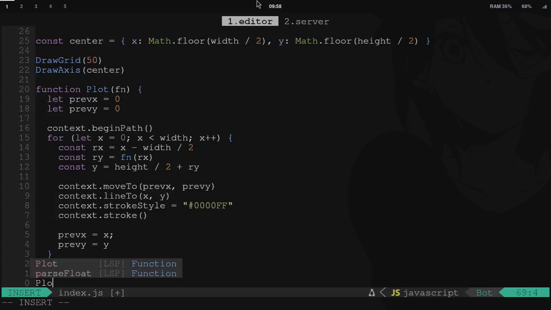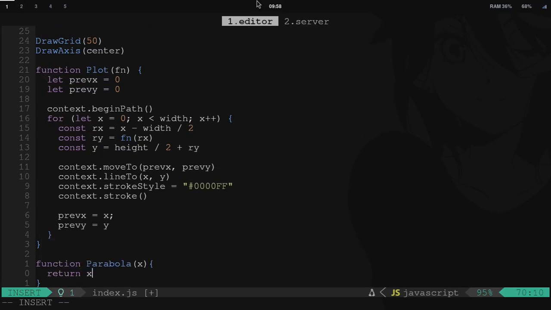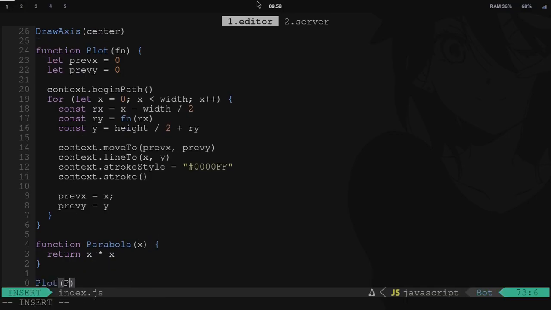Let's plot a parabola. So for plotting a parabola, we need a function parabola that takes in x and returns y. So y would be x times x. Now let's plot parabola.